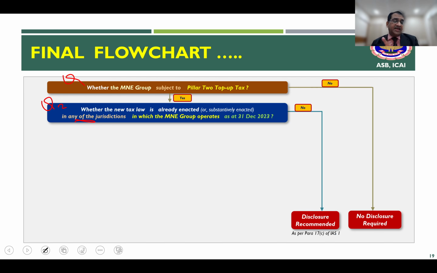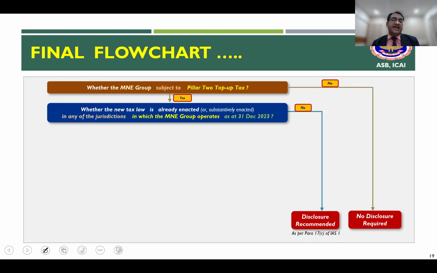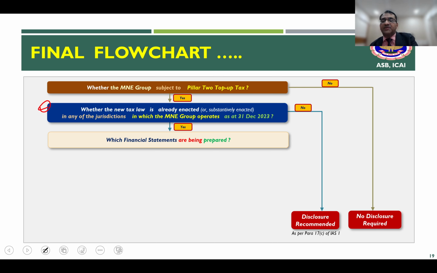We saw that disclosures 2 and 3 are still recommended, which is given not in IAS 12 but as per paragraph 17C of IAS 1, presentation of financial statements. Using that paragraph, it is recommended that you give those disclosures, though not mandatory under IAS 12. But if the answer to question number 2 is yes, question 1 was whether the M&E is subjected to Pillar 2 tax, yes it is, then whether the new tax is already legislated, yes.